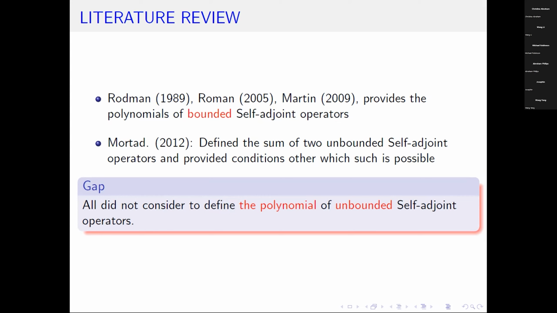Therefore, for our case, we simply singled out a weaker result of that, which is unbounded self-adjoint operators. Therefore, we are going to try to define polynomials of unbounded self-adjoint operators, and that was the gap in the literature.